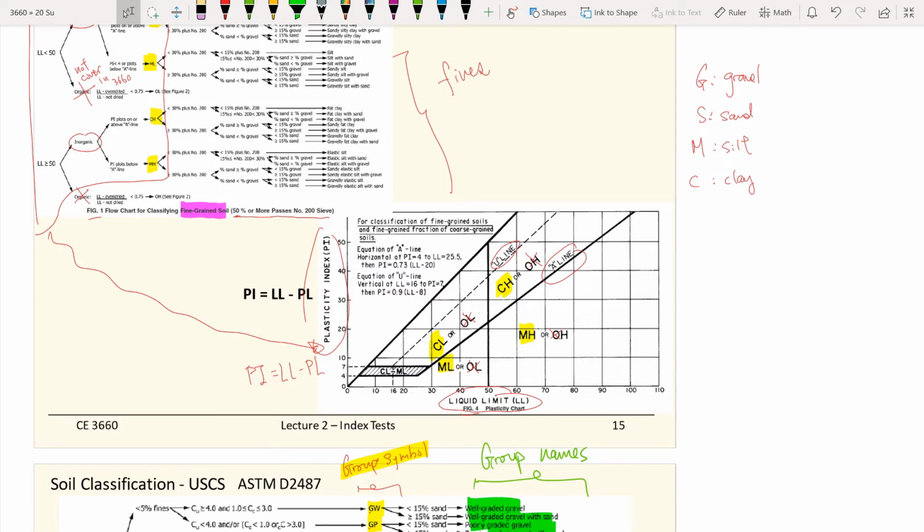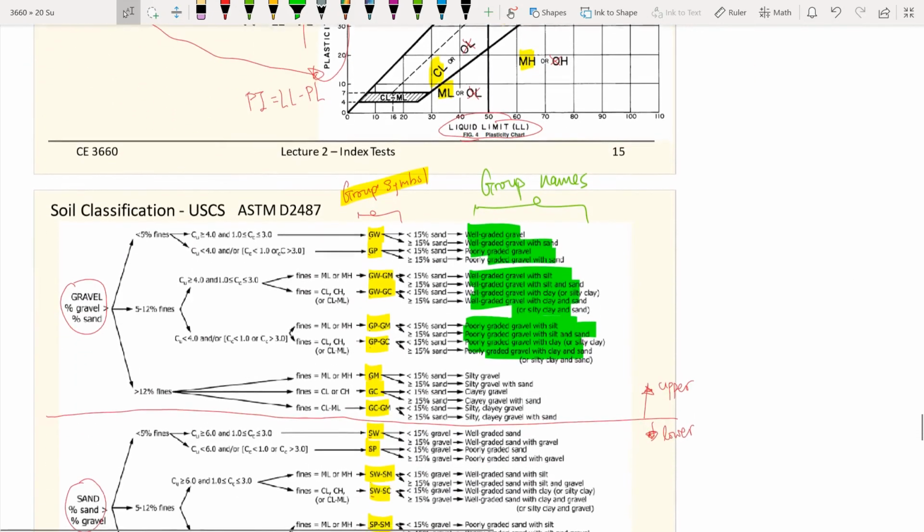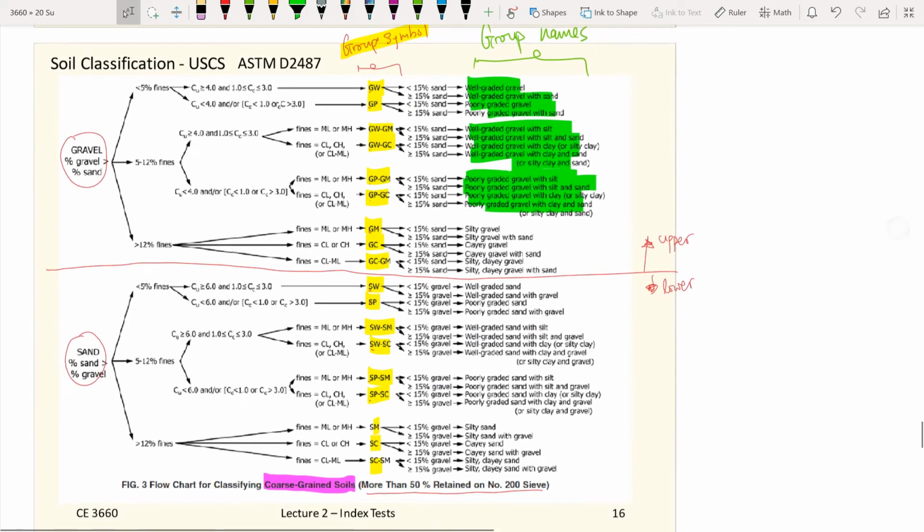Is by practice. Anyways, so this graph again, this Figure 3, is for the coarse-grained material. So the way we handle sand and gravel will be a little bit different than the clay.